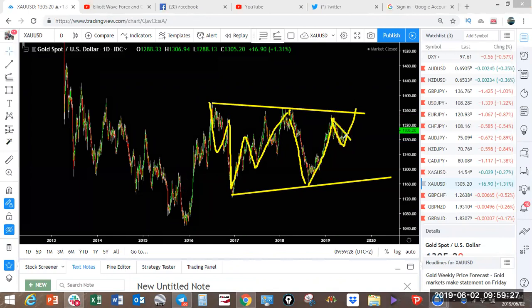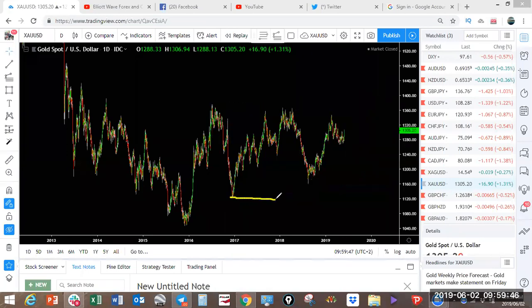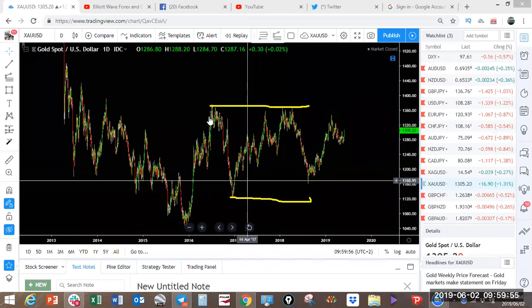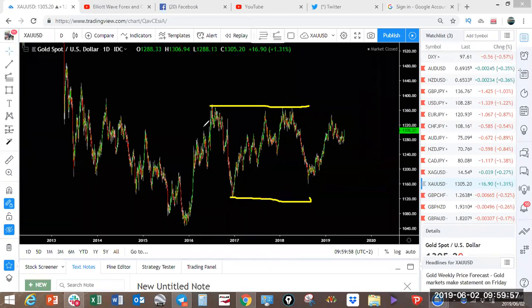But for now, you can see that we've got this corrective structure. It has completed. If we come here and retest the boundary and come back, that will be A, B, C, D, E. But this will be too short here. Let's see how this one is going to play out. Either this is a triangle or this is a regular flat. Even though this does not really retest the bottom here, remember there's no specific rule for a regular flat.